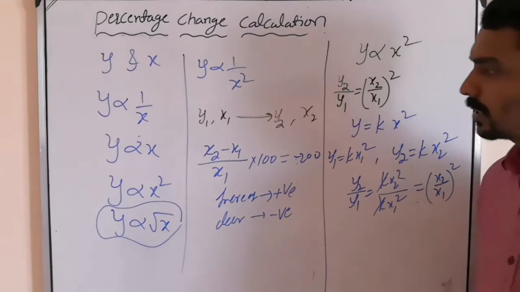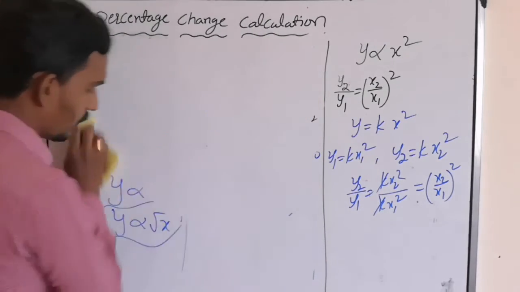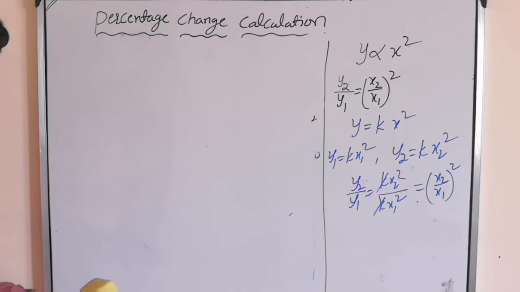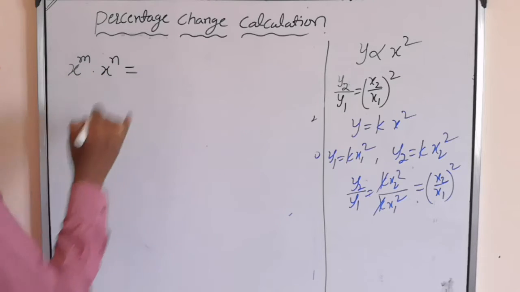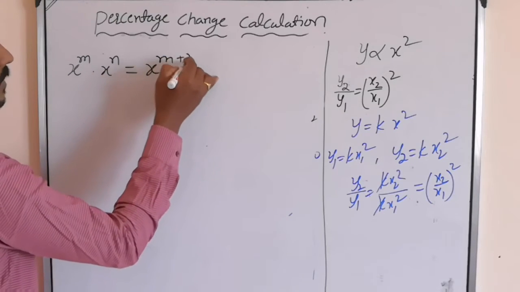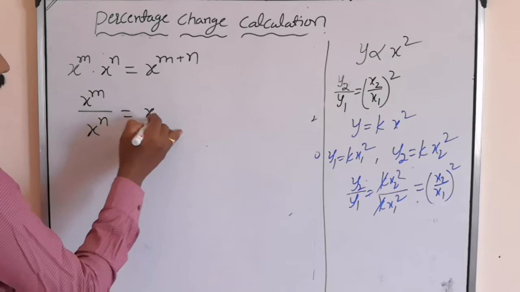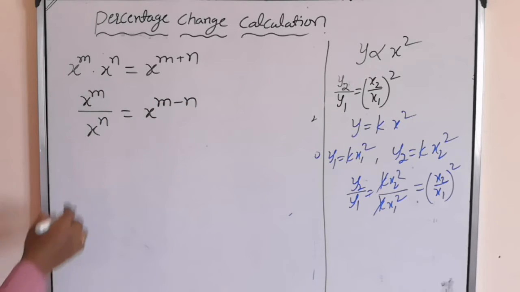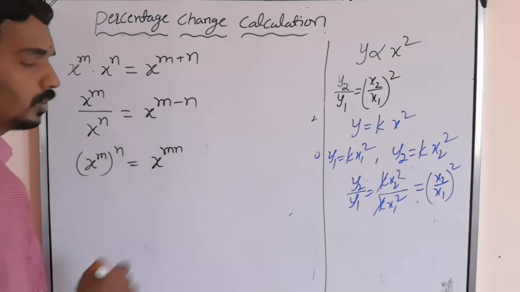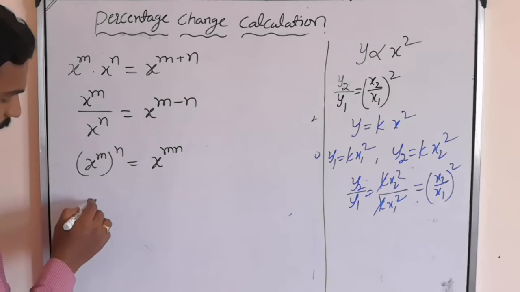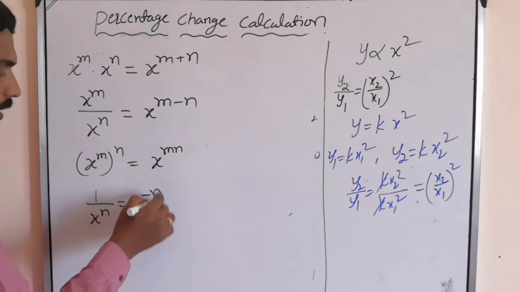Here let me just tell you some formulas related to powers. x power m into x power n is x power m plus n. x power m by x power n equals x power m minus n. x power m whole power n equals x power m into n. 1 by x power n equals x power minus n.